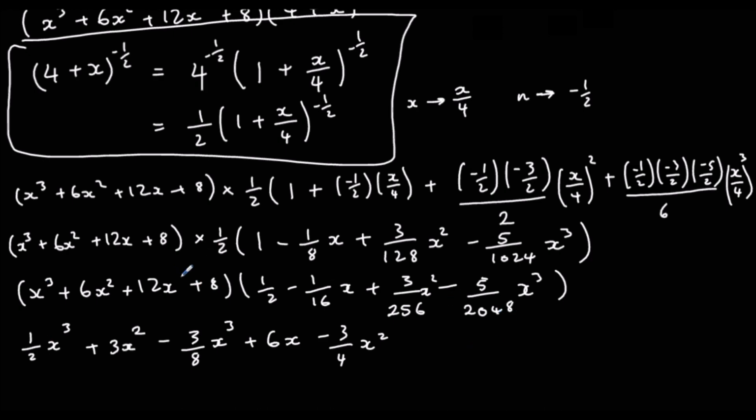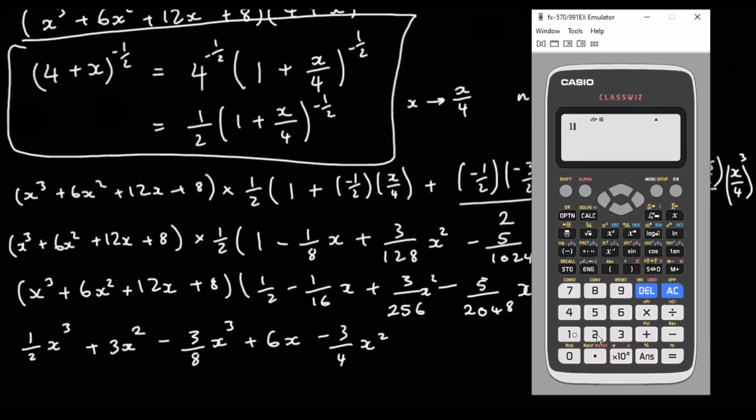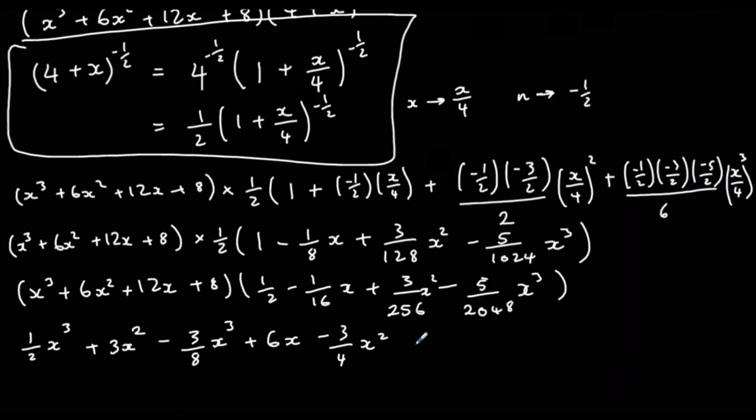And we can use the calculator. So 12 times 3 over 256. I'm going to put that in the calculator. 9 over 64. So we've got 9 over 64 x cubed, and we don't want to go any further than that.